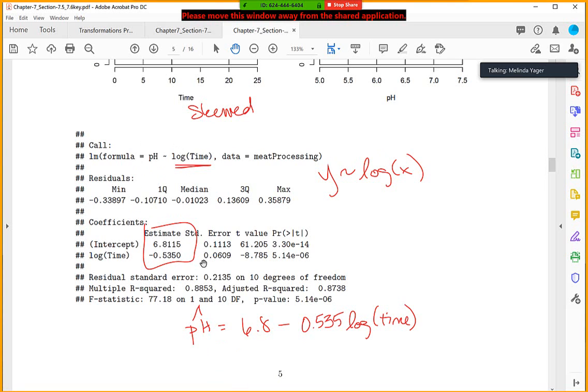Again, you find your estimated regression line the same way. You've got your y-intercept and your slope. Because we're transforming the explanatory, we're taking our slope times the log of time.